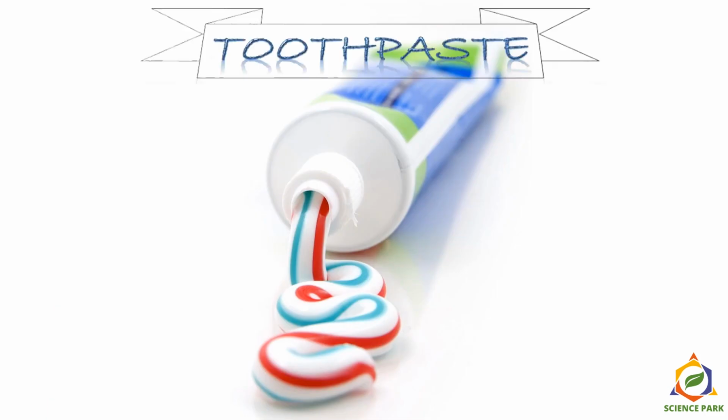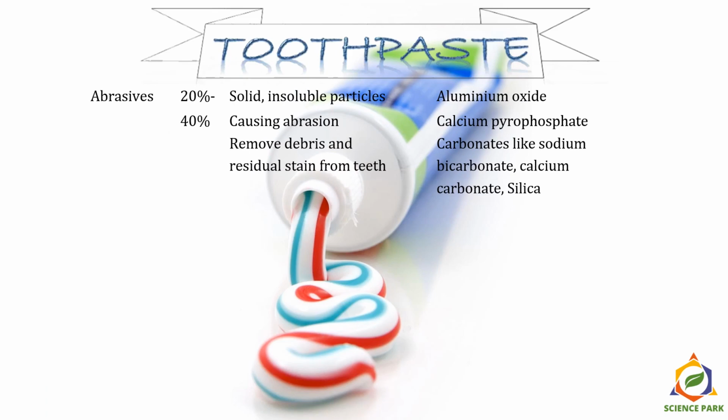Now let's see some very important ingredients of toothpaste. First is abrasive. We need a very strong material to abrade the dirty surface of teeth, where we use solid and insoluble particles which can cause abrasion and remove the debris, that is dirt or residual stain, from teeth.